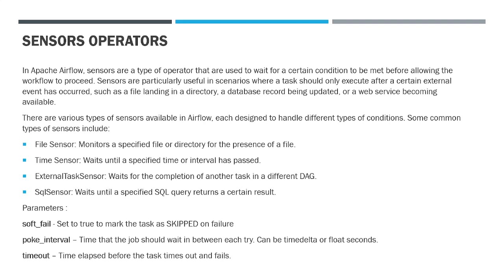So it denotes the duration after which the check will be done. Next comes the timeout. The timeout parameter denotes the specific time period after which, if the condition is not met, the task is marked as failed. Now let's see a real example.